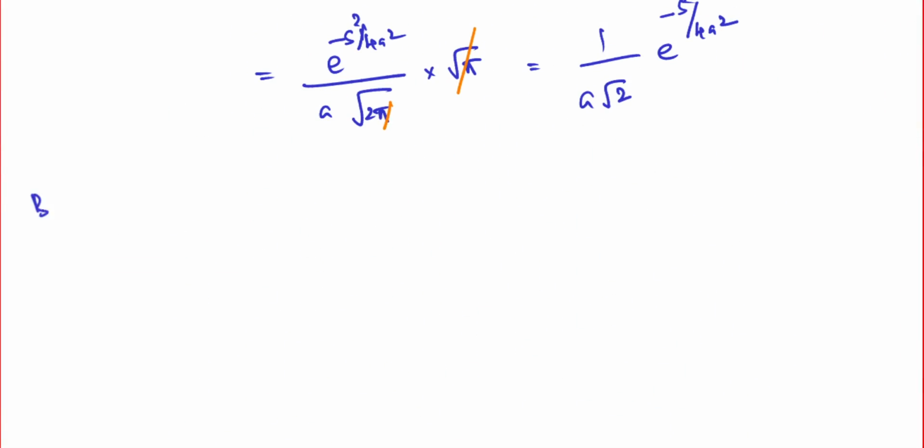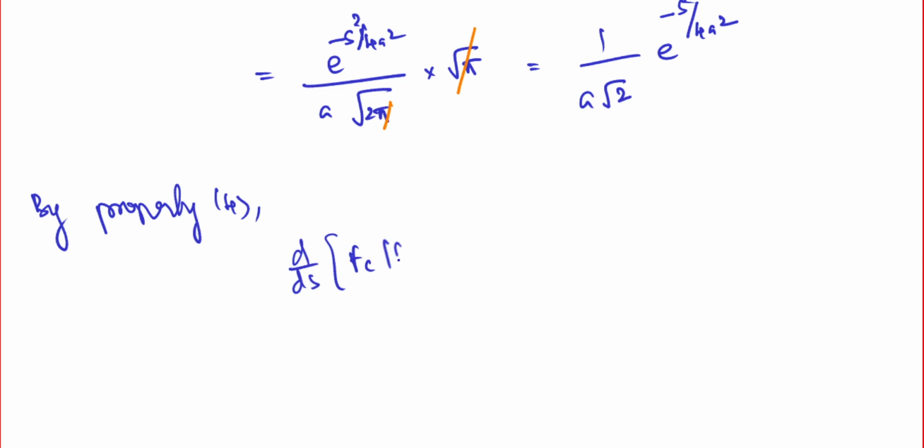So let me write here. By property, I think it is written in property number 4, I guess. Check that. So by property 4, what we know is that if you differentiate the Fourier cosine transform of f of x, what you're going to get is the minus of the Fourier sine transform of x into f of x.